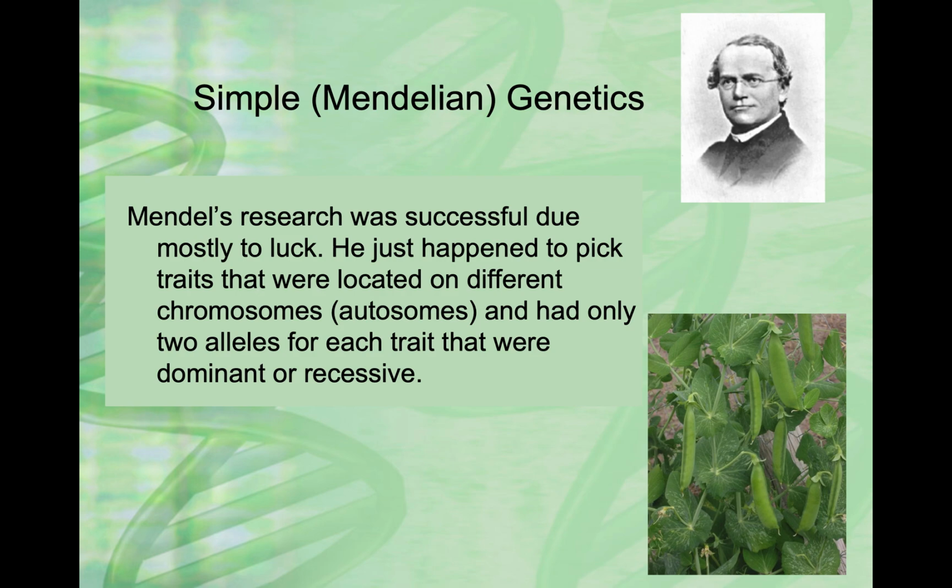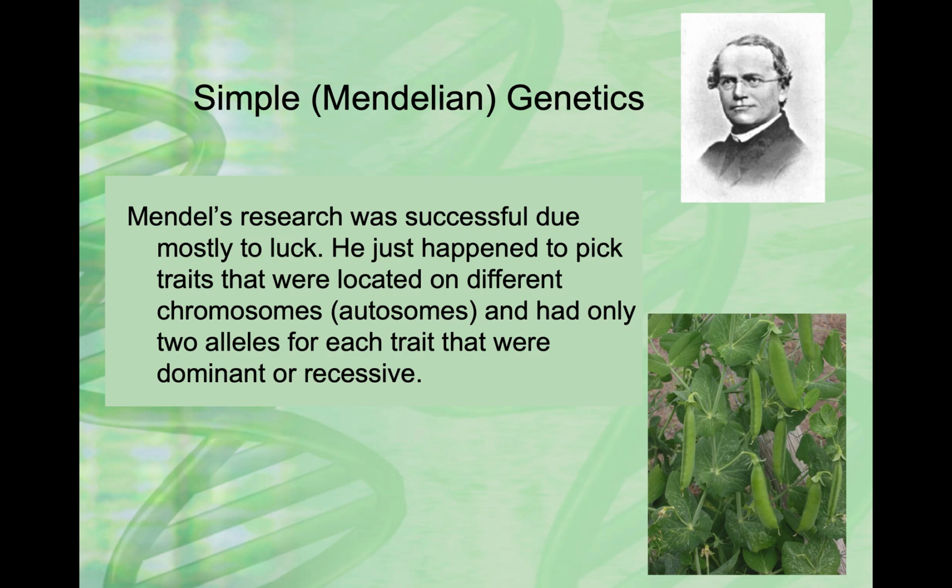They weren't on sex chromosomes, meaning they were autosomes, and we'll get into what sex chromosomes do later, but they determine gender. Plants are all, well, not all, but most are hermaphrodites, so it really wouldn't have mattered much there anyways. But the other thing is they only had 2 alleles for each trait, and they were either dominant or recessive, which is really, really important. And remember the definition of an allele. A gene codes for a protein.